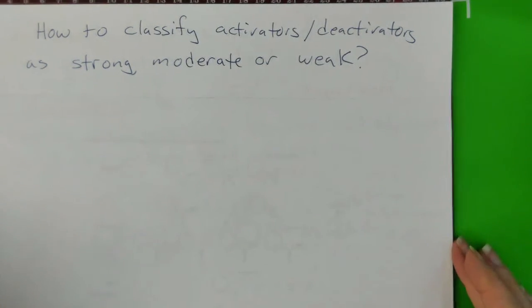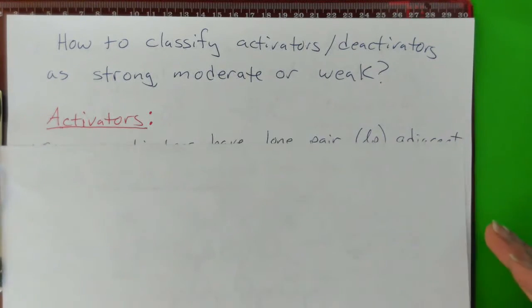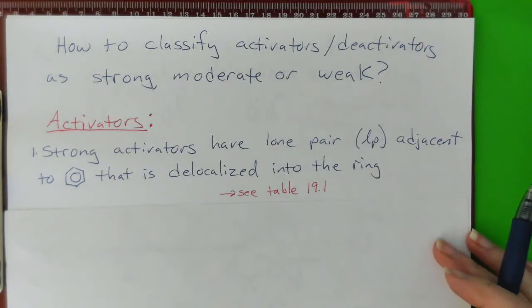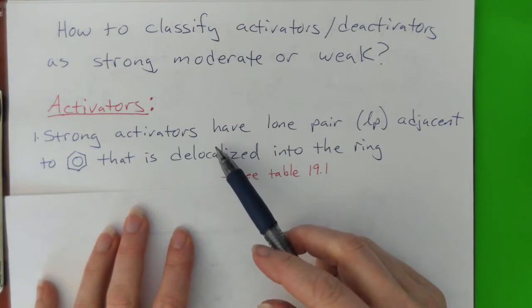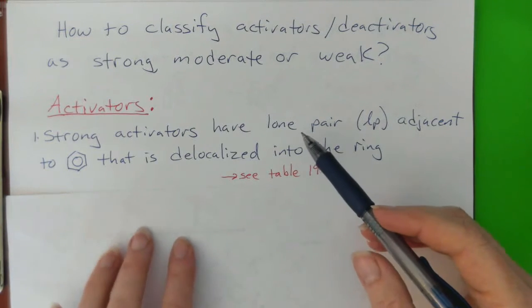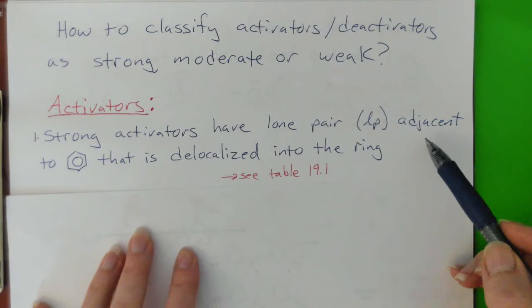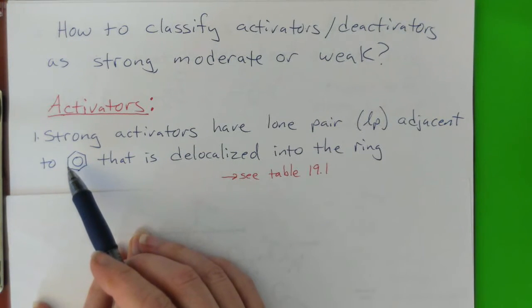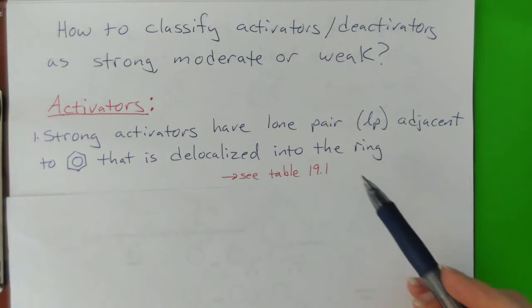So this is what we're trying to do now. We're going to start with the activators. I'm going to start with the most extreme, the strong activators. The strong activators, all of them except for one, are going to have a lone pair, LP, that's adjacent, so next door, to the benzene ring. And that lone pair can be delocalized into the ring.